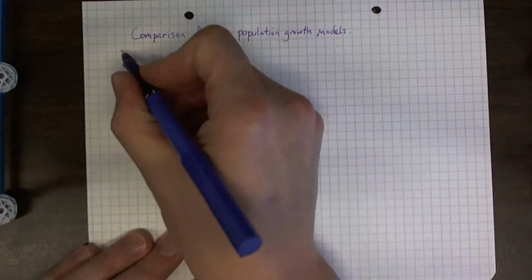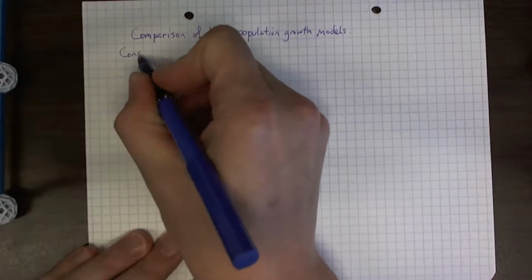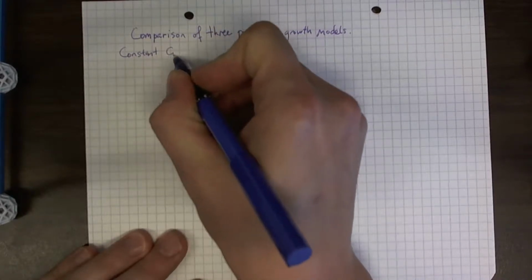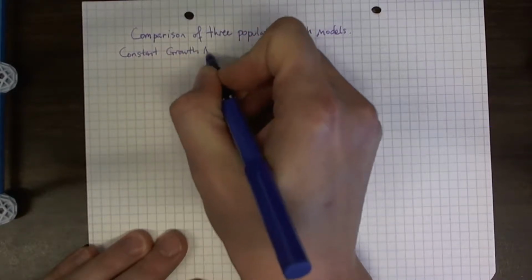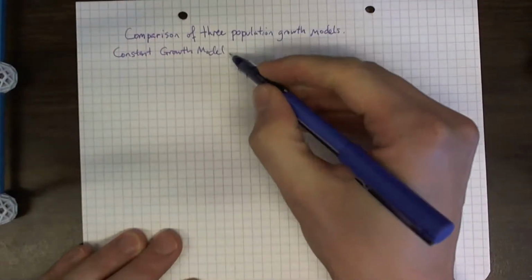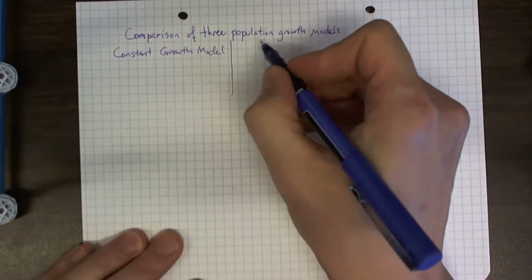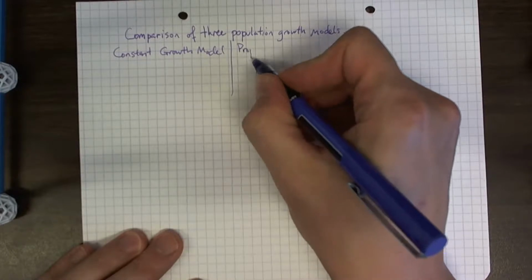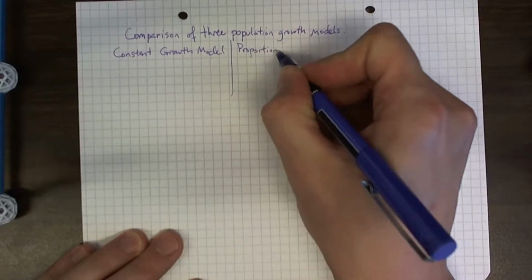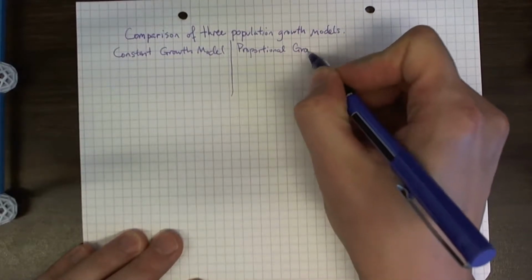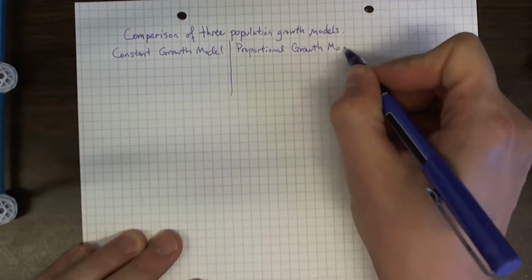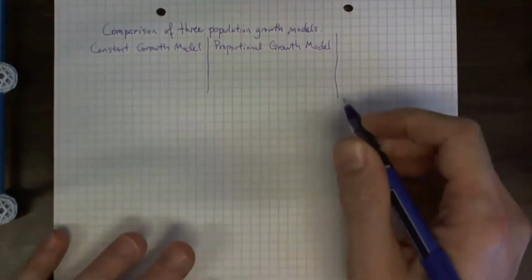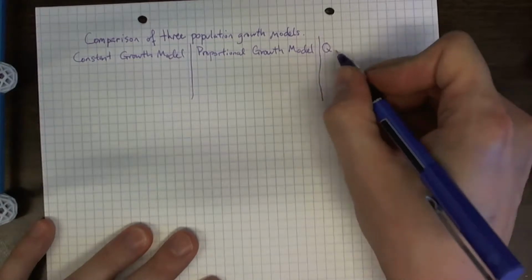We're going to talk about the constant growth model, we're going to talk about the proportional growth model, and we're going to talk about the quadratic growth model.